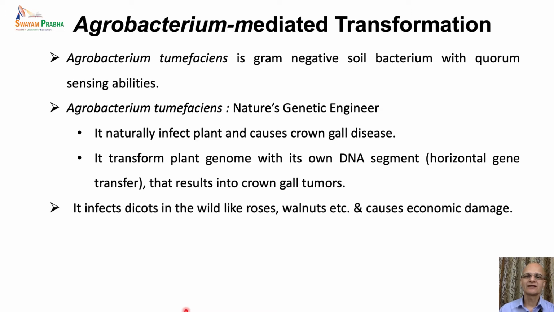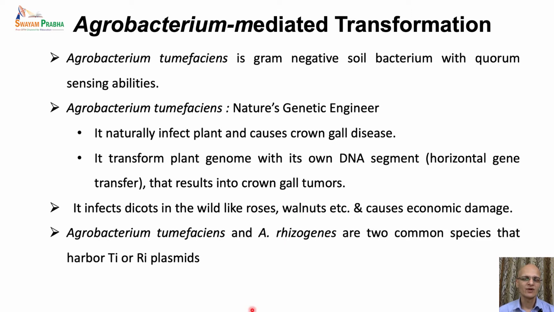In the wild, it usually infects the dicot plants and can cause severe economic losses in several crops of agricultural or horticultural importance like tomatoes, roses, walnuts, apples, cherries, and so on. Agrobacterium tumefaciens and Agrobacterium rhizogenes are the two common species that transform plants and have been optimized for plant genetic engineering.